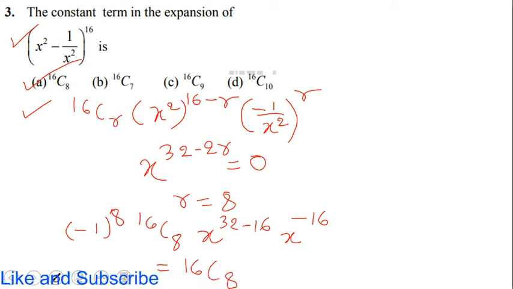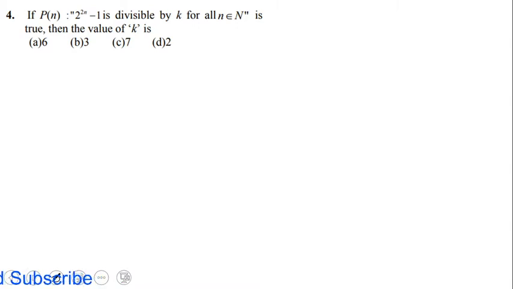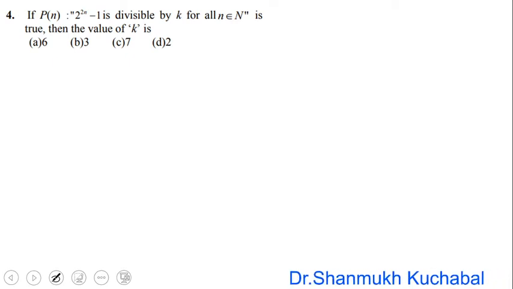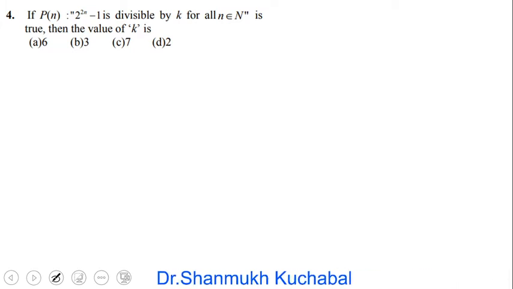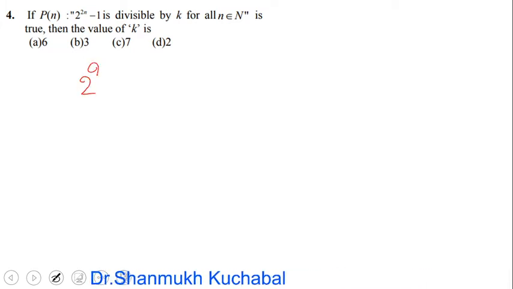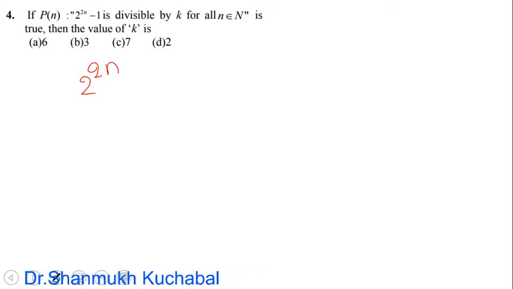Okay, we'll move to our next example. The question is: P of n is 2 raised to 2n minus 1 is divisible by k for all n belonging to N is true, then find the value of k. I am taking P of n as 2 raised to 2n minus 1.